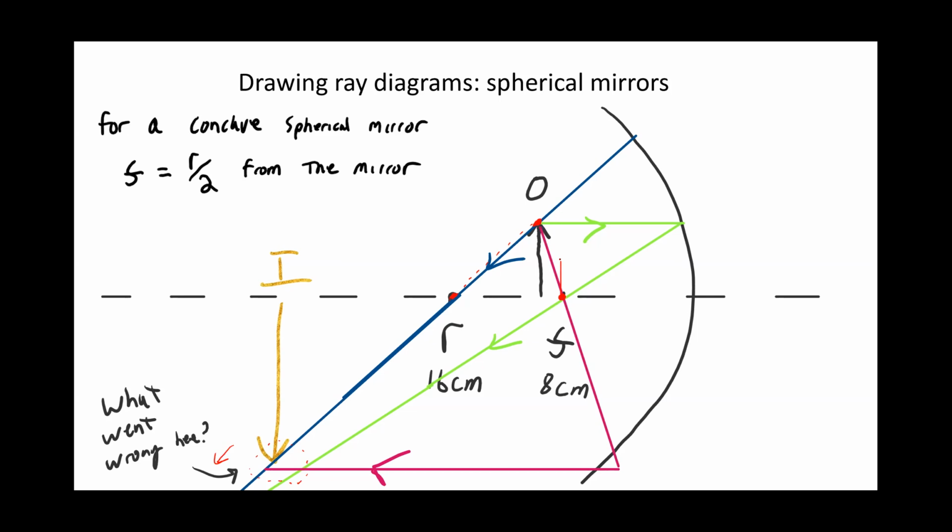So what I've demonstrated here is a real life phenomenon called spherical aberration, which is the idea that if I have a mirror that's made out of too large a chunk of a sphere, like an entire half sphere, say, then the rays that strike the very edges won't actually reflect back to exactly the same point.